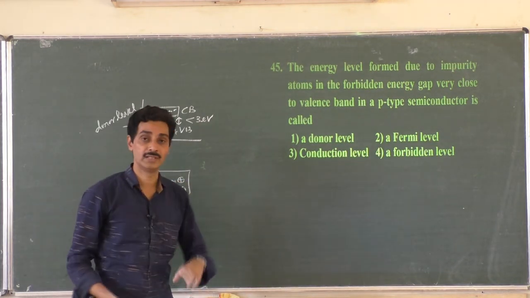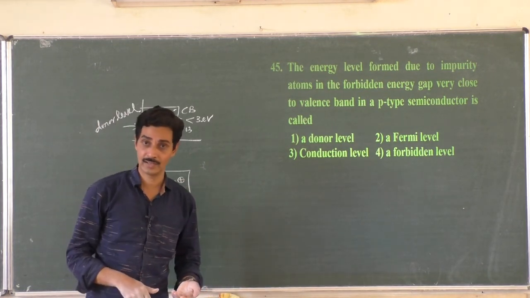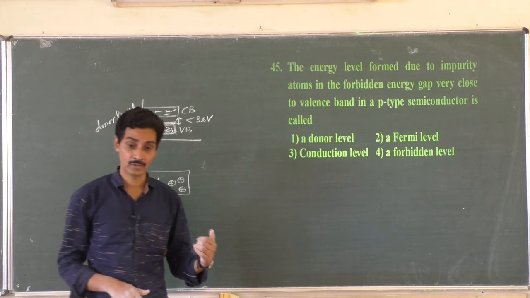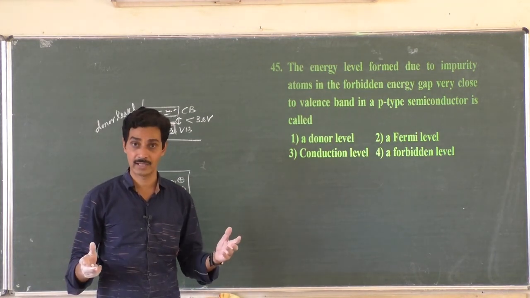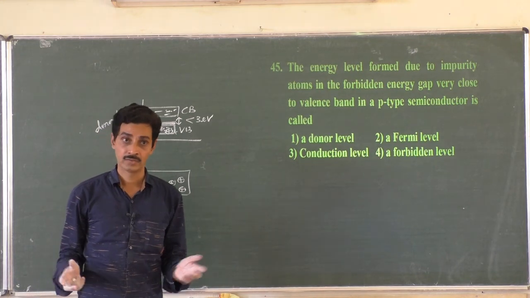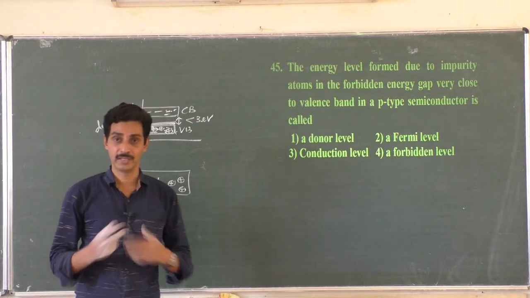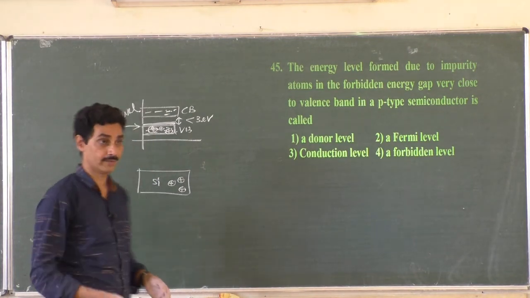Similarly, if you dope silicon with a pentavalent impurity, then extra free electrons will be found, because that doped impurity will have more valence electrons. So many valence electrons are not needed for silicon. So those extra valence electrons will form free electrons, and they will form their own energy level.